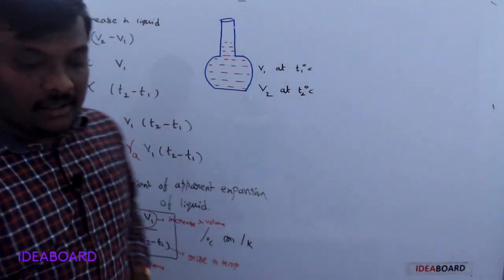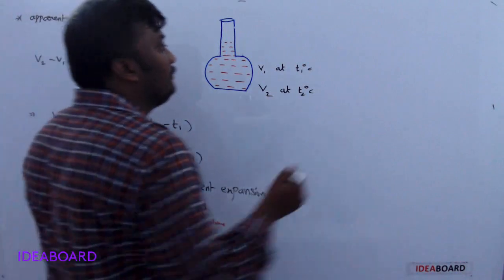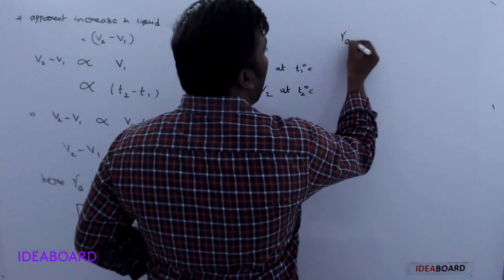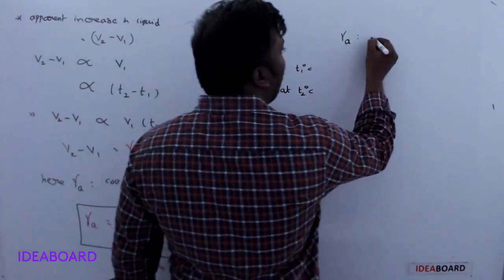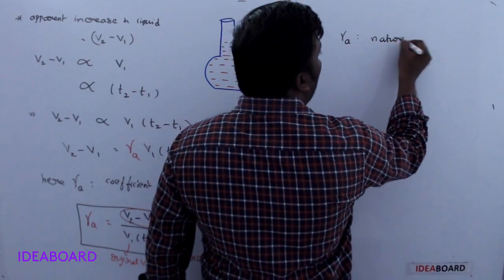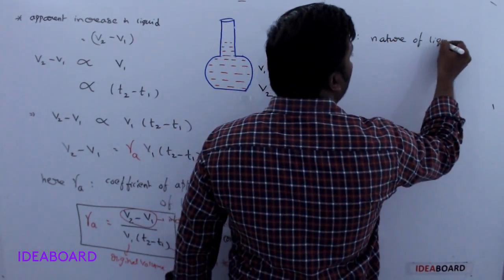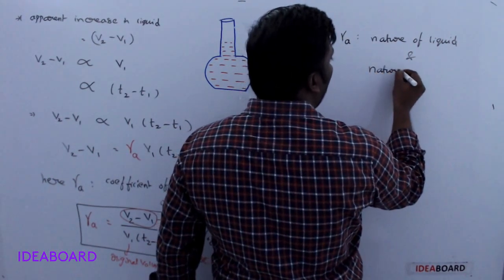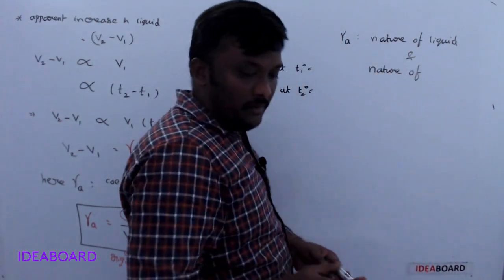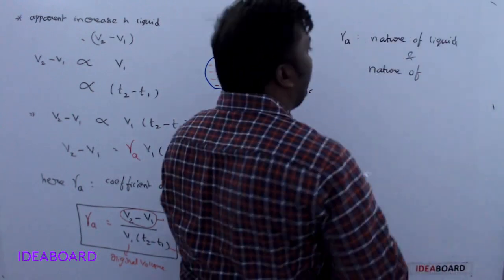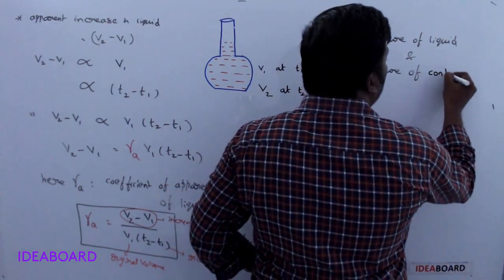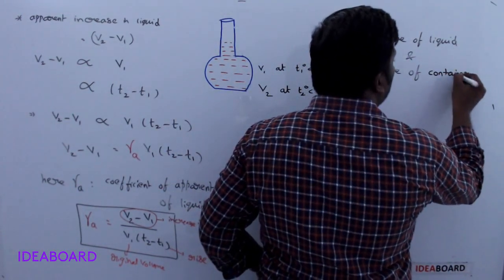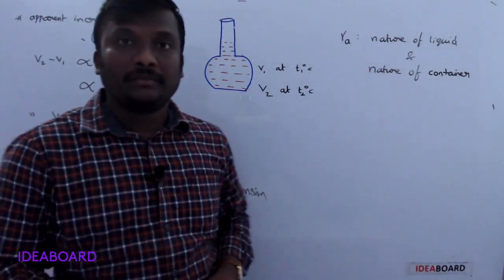And here gamma A depends on the nature of liquid and the nature of the container. This is the most important one.